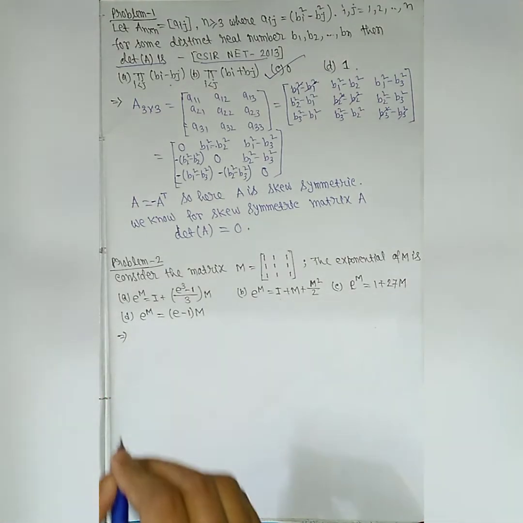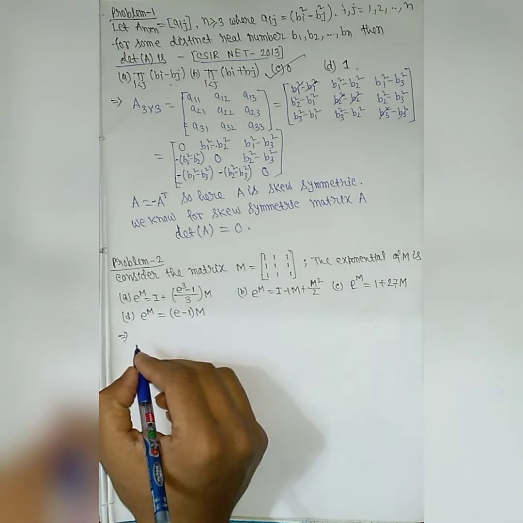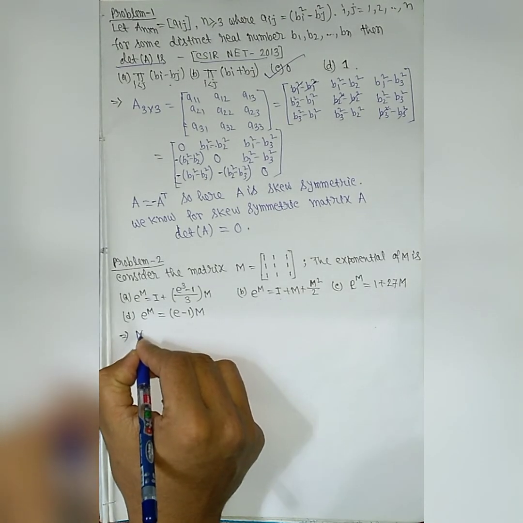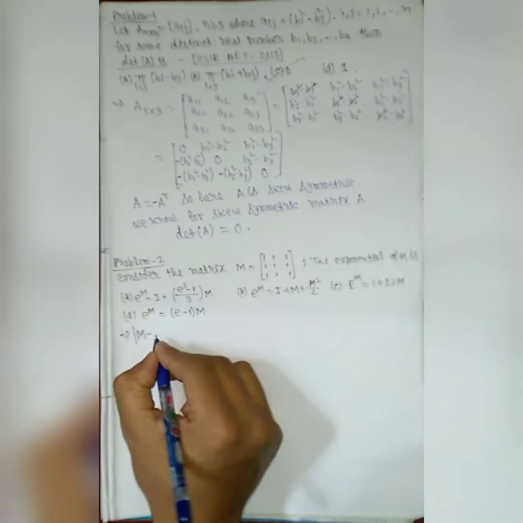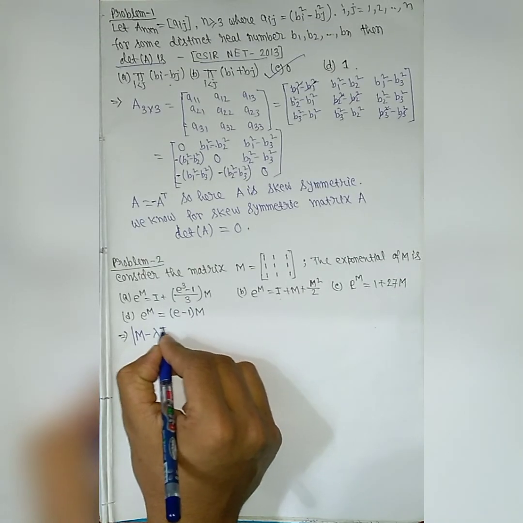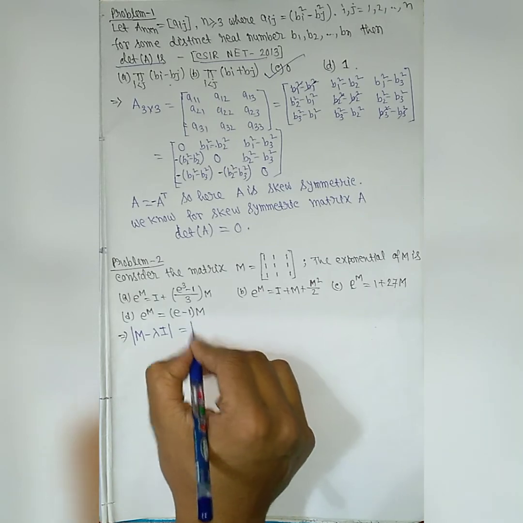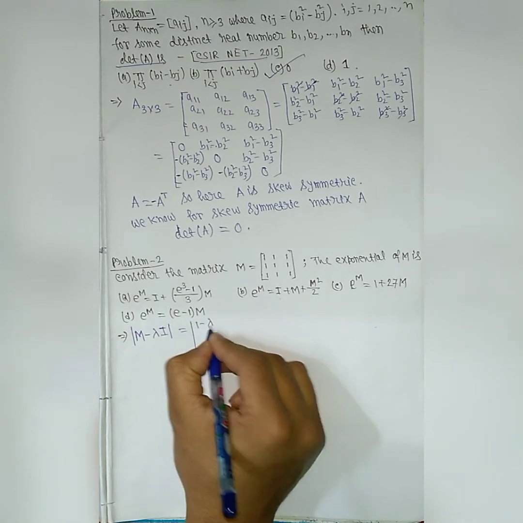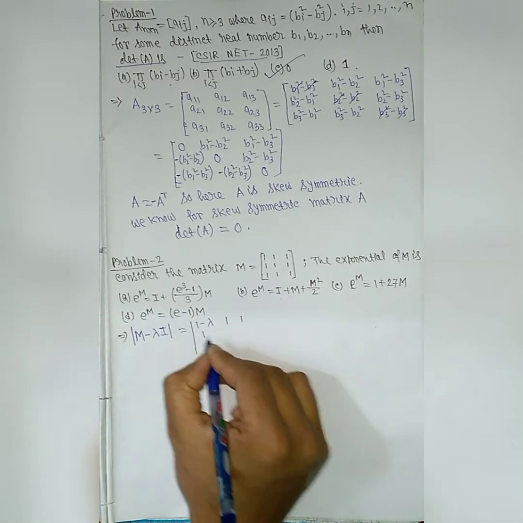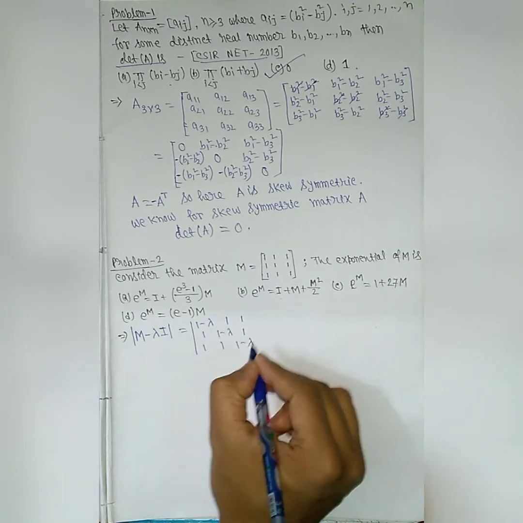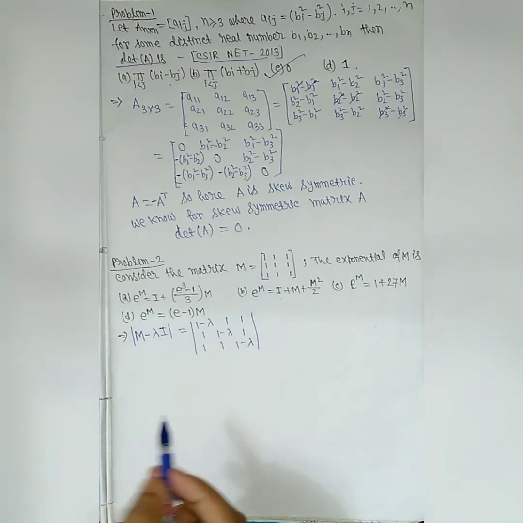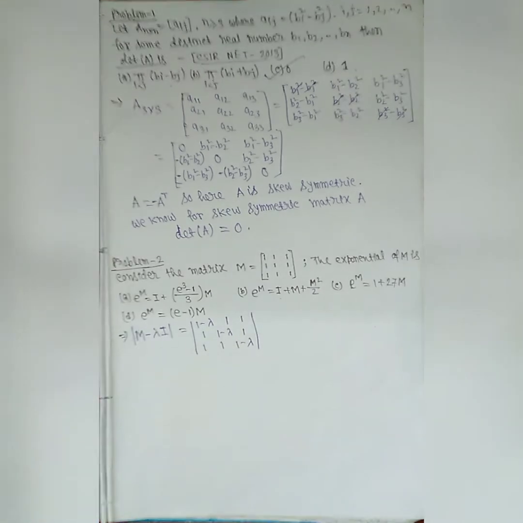To solve this type of problem, first we find the eigenvalues of the matrix M. To find the eigenvalues of the matrix M, we find the determinant of M minus lambda times I. So this determinant will be: 1 minus lambda, 1, 1; 1, 1 minus lambda, 1; 1, 1, 1 minus lambda. Okay, M minus lambda times I, where I is the identity matrix.